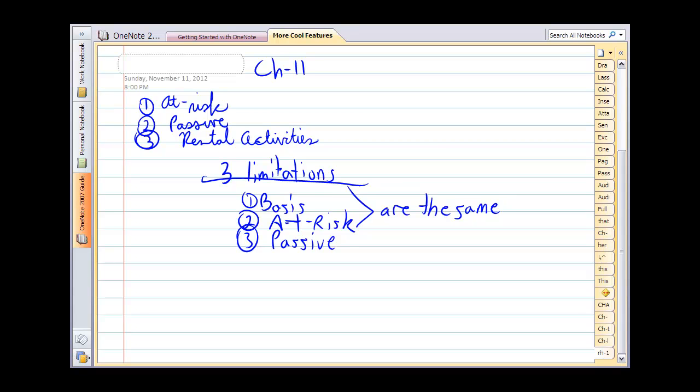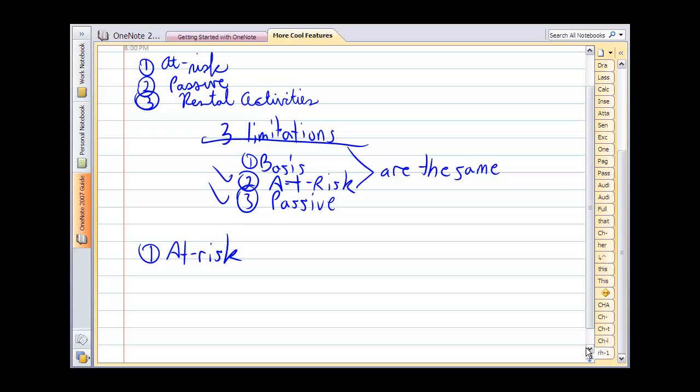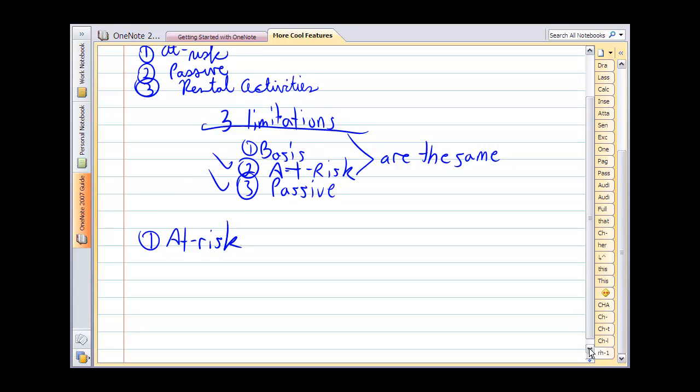We'll talk more about that if you take the corporate class. Essentially, we're just going to be looking at these two, at risk and passive. So let's discuss how to calculate how much you have at risk in certain investment ventures or business ventures. Alright, how to calculate this.